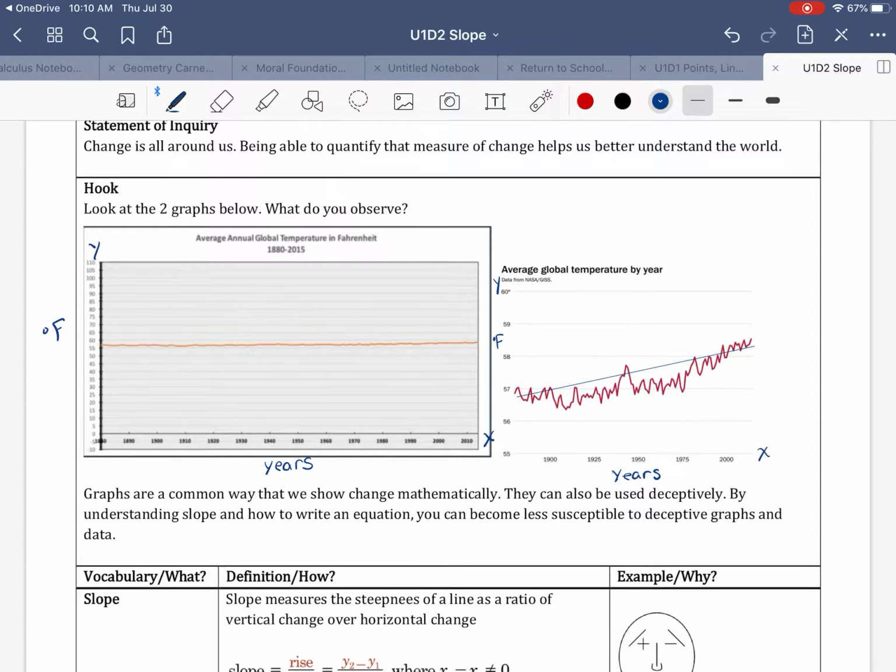But if you have a very solid understanding of climate and weather and temperature and science, you'd understand that the graph on the right is a more accurate representation. And because of all of these changes, because of this increasing trend upwards, that it is something that we need to be concerned about. So being able to understand how to read graphs, understanding change, writing equations can help us to become less susceptible to deception.